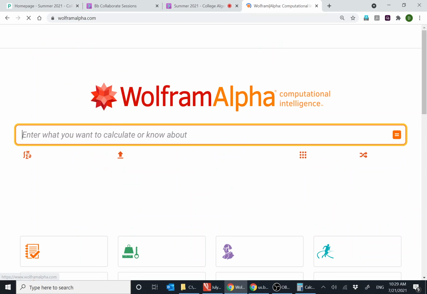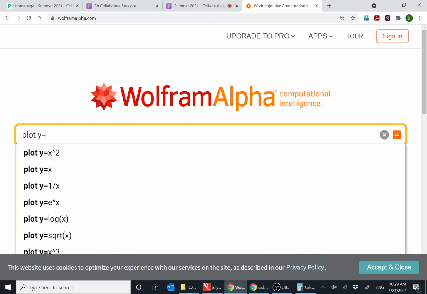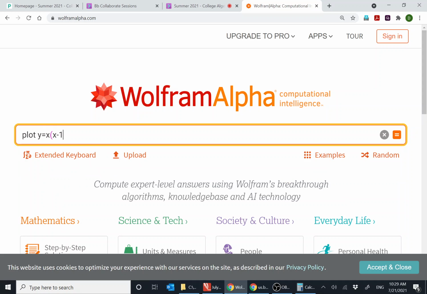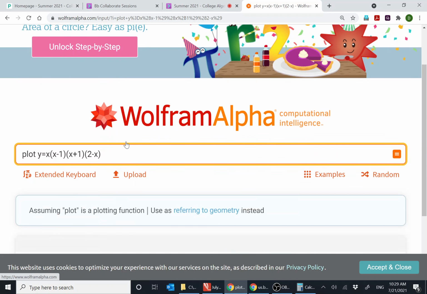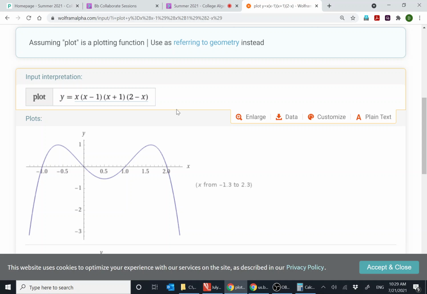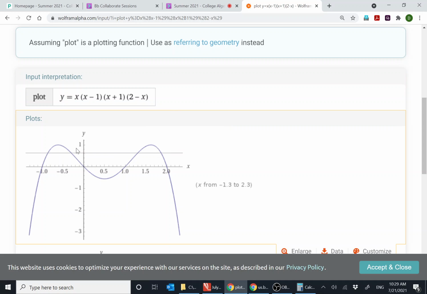Let's take a look. 2 minus x. Oh, actually, I'm not 100% off. You'll notice that the local maximum here, between negative 1 and 0, is not in the middle, it's more off toward the left.